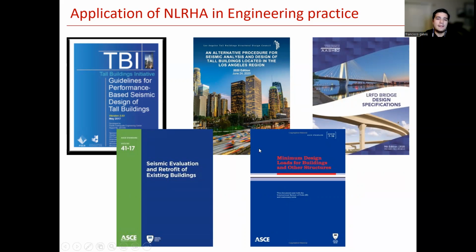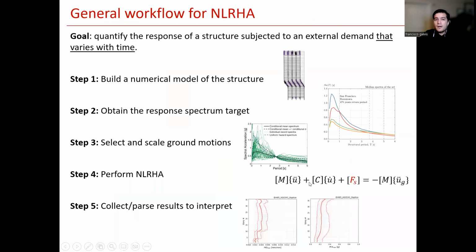So here are just some guidelines that are used by engineers to perform nonlinear response history analysis. This top couple ones are for design of tall buildings. This one here is the AASHTO for bridges, and down here the ASCE 41 for existing buildings, and the ASCE 7 for new design.